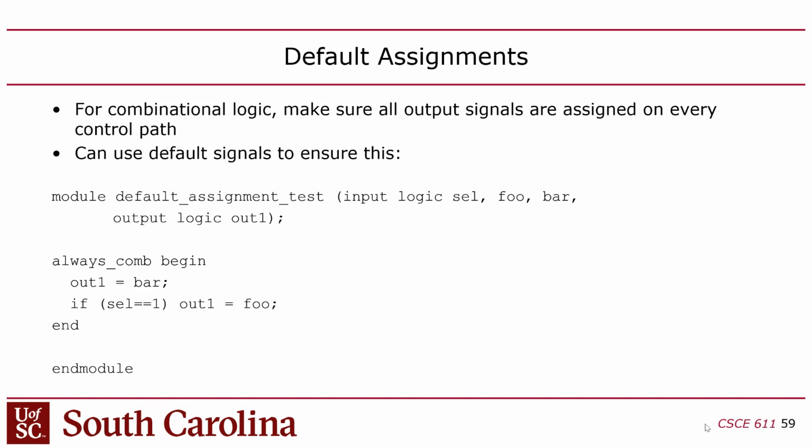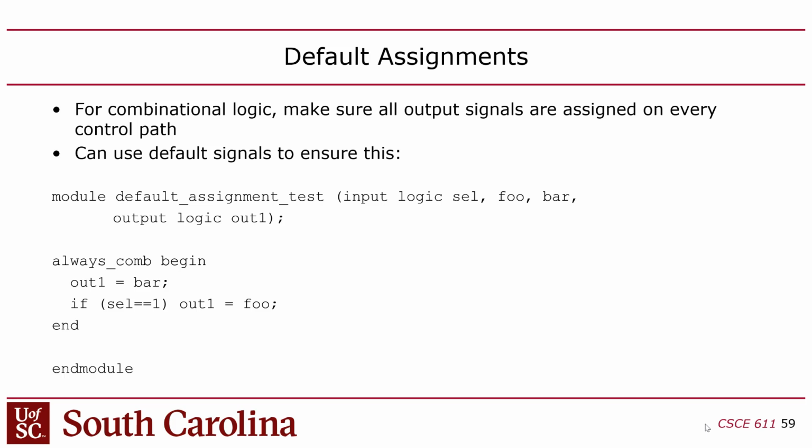One of the things I want to mention here is you have to be careful that with an if statement, you're introducing control, which means that there's a potential for the always to activate because one of its inputs changes, but then have it not set all of its possible outputs.